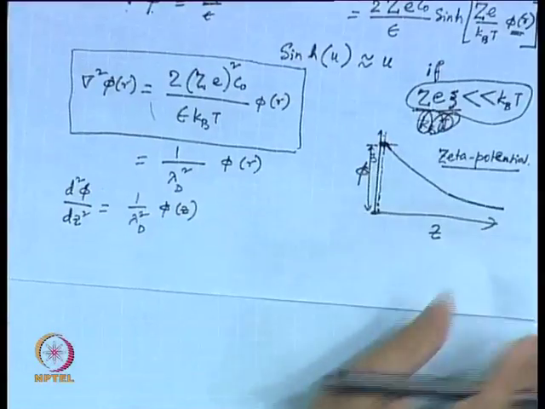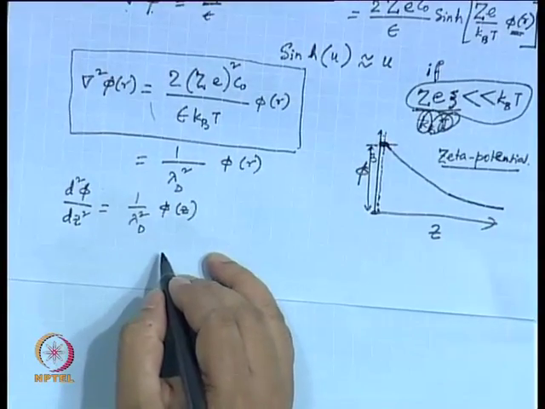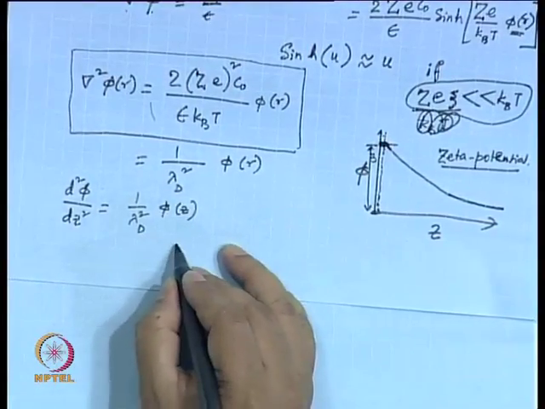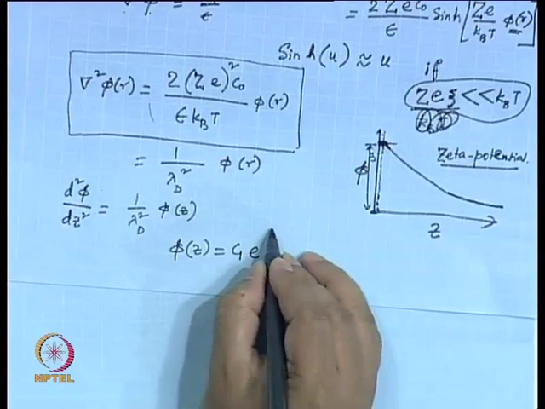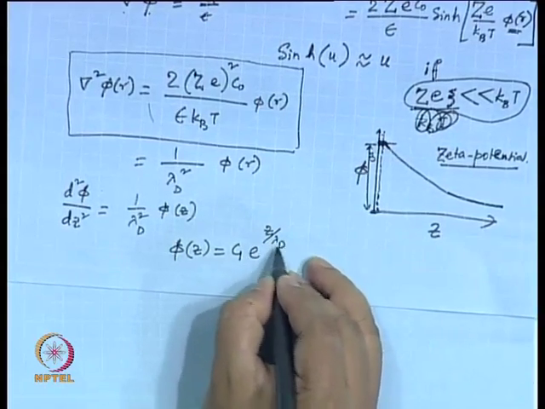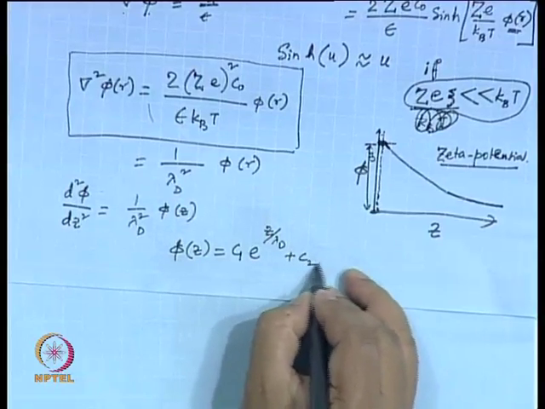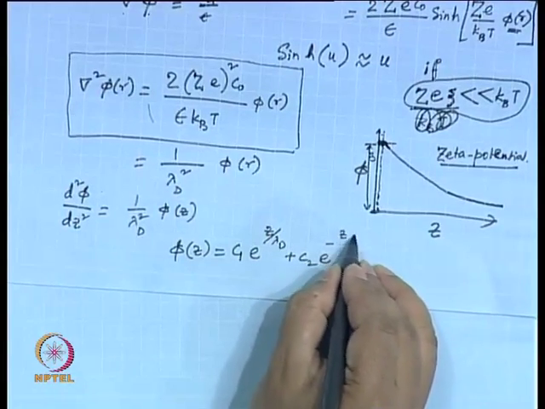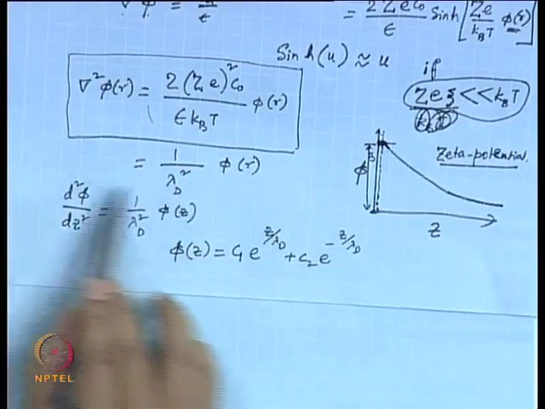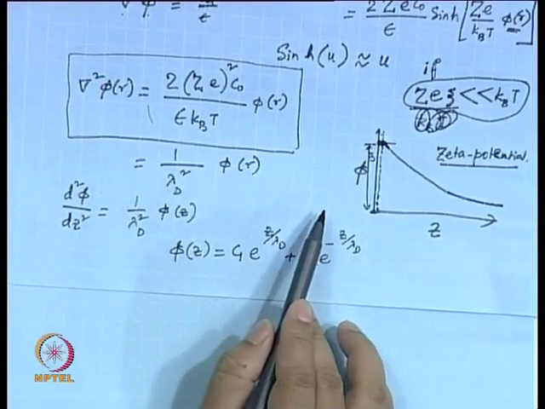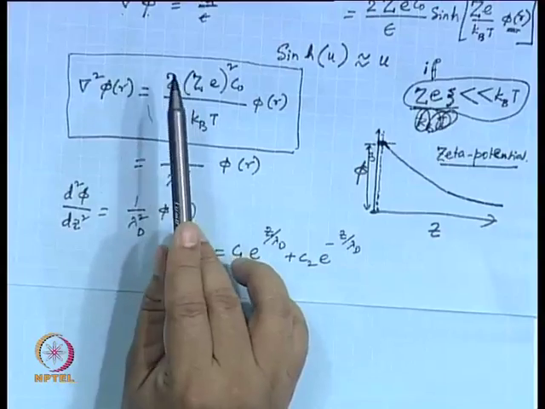And if that is so, what would be the solution of this? The solution would be phi z equal to C1 e to the power z divided by lambda D plus C2 e to the power minus z by lambda D. From this point onwards we have introduced a small z, which is different from the uppercase Z that we have been working with so far.